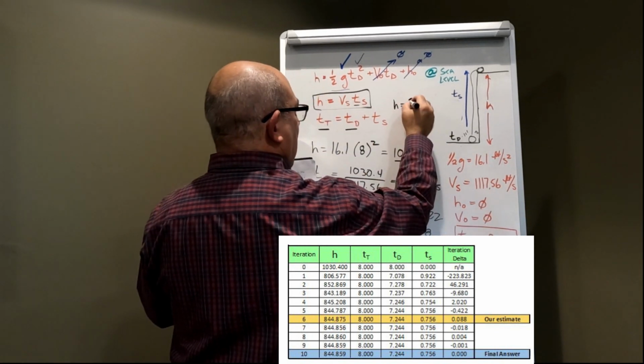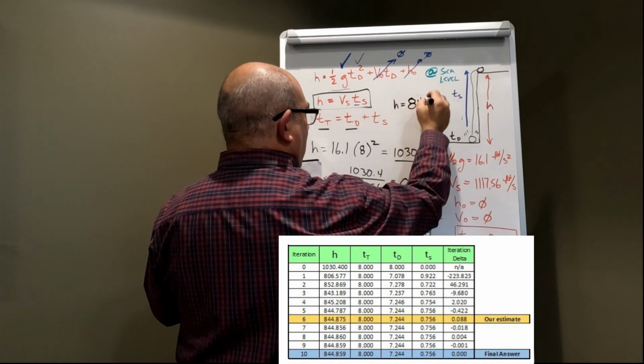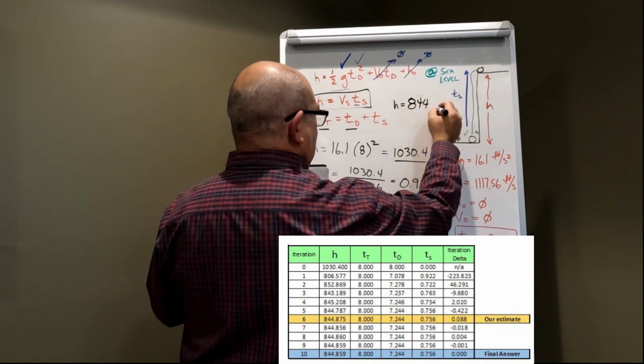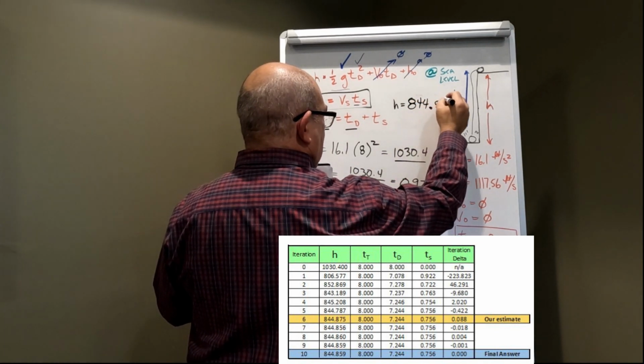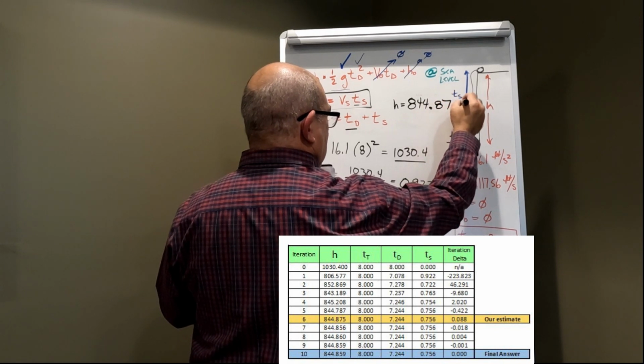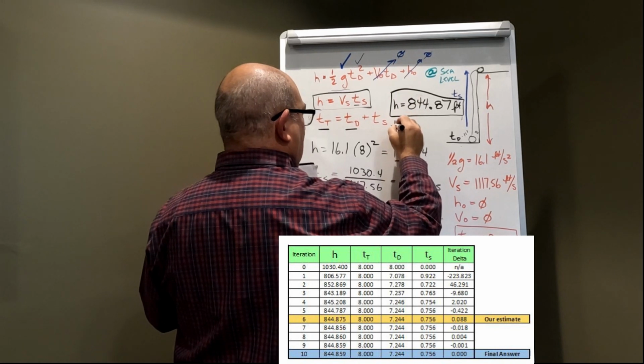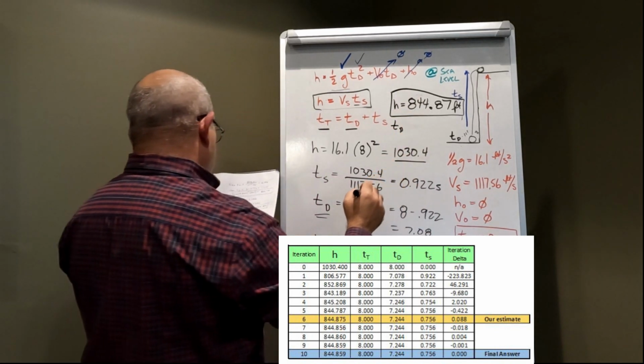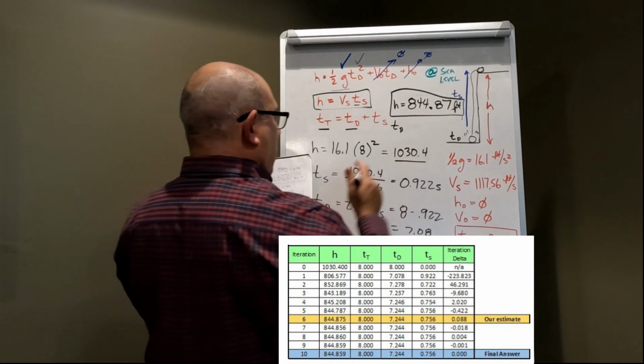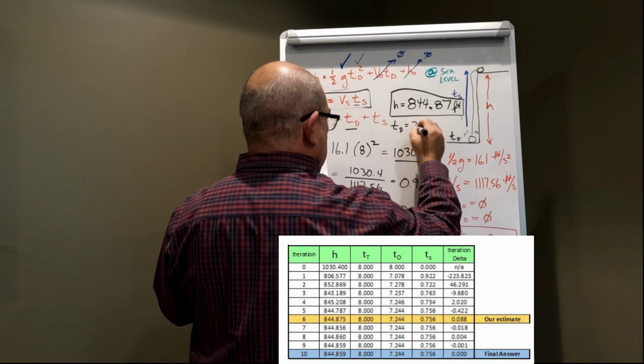This height is equal to 844.87 feet, and the time to drop was equal to 7.244.